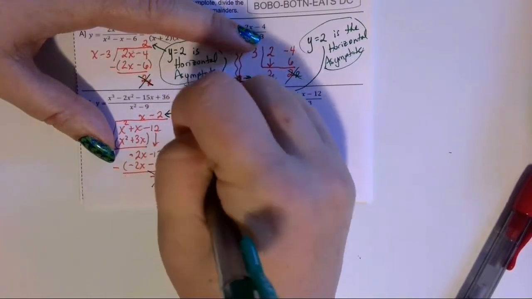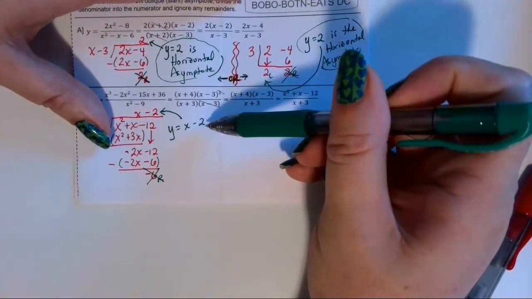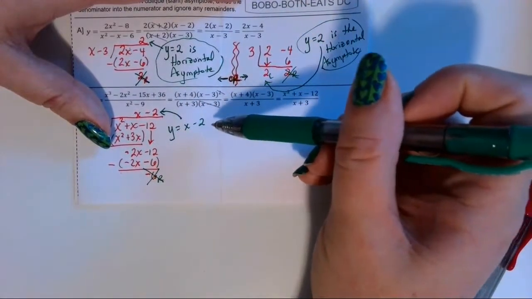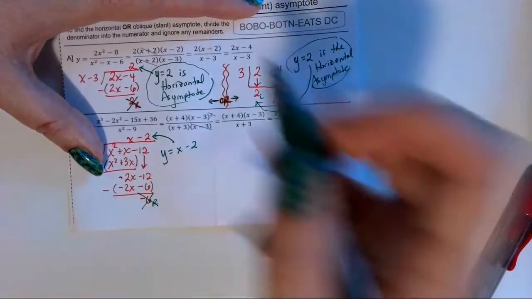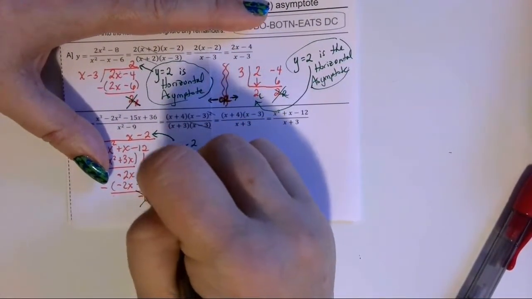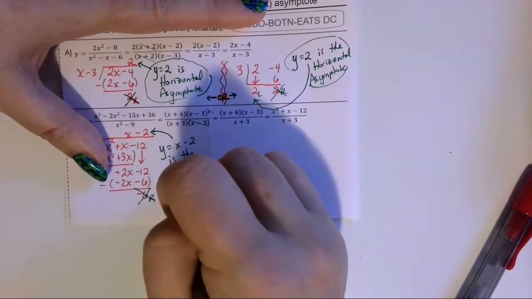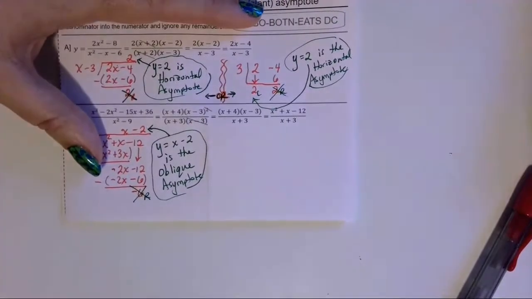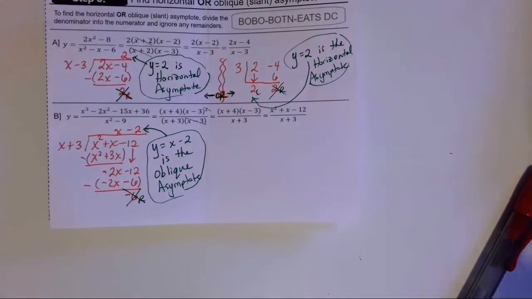Now this quotient is not a constant, it's a linear equation, y equals x minus 2. So that graphs a diagonal line, not a horizontal line. So this is an oblique asymptote. Oblique means slant. So y equals x minus 2 is the equation of the oblique asymptote.